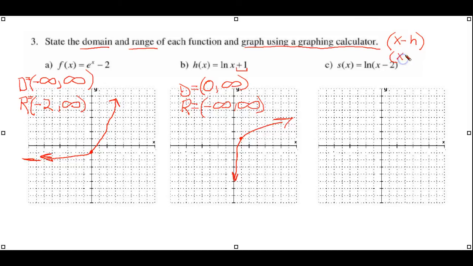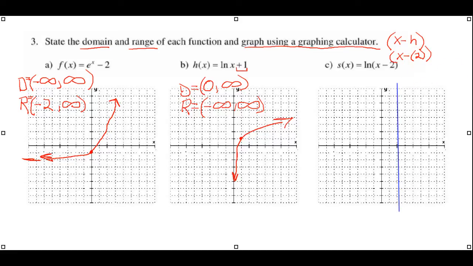Well, it would be x minus a positive 2, so that it would end up like this when we took away those inner parentheses. So what is happening here? Is this going to shift it to the negative or shift it to the positive when we see it in this form? And the answer is opposite sign. So we now have a new asymptote, which will be right there at 2.